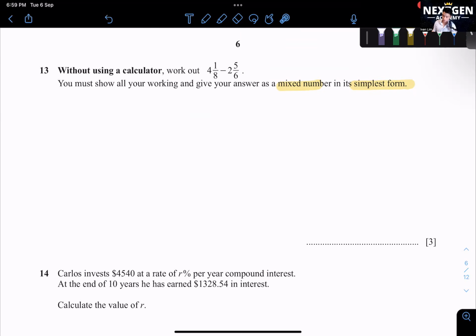But what I want you all to do is every time when you all see this kind of question, you all type into the calculator to get your answer first. So your calculator will give you what? Wait, question 13, 4 and, yeah, I typed wrongly.